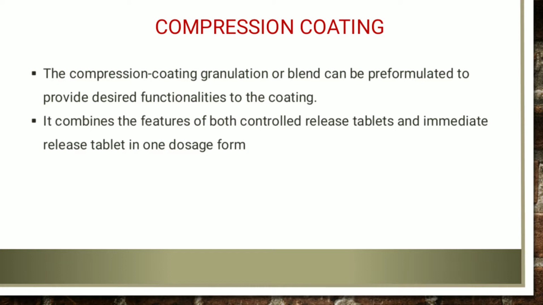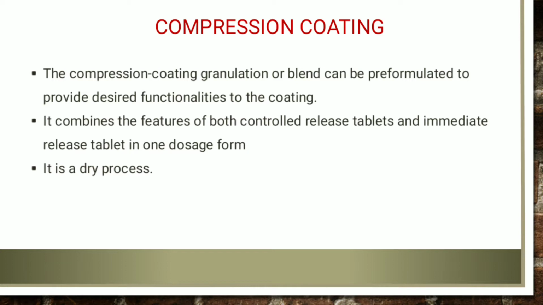Another application of compression coated dosage form is in sustained release preparation. Also, this type of tablet gives a far more accurate dose than in the case of sugar coating.